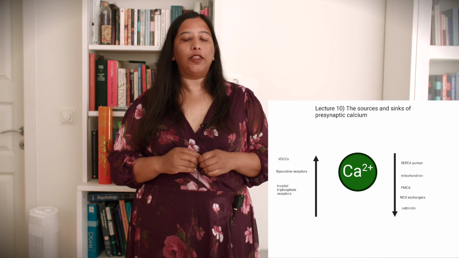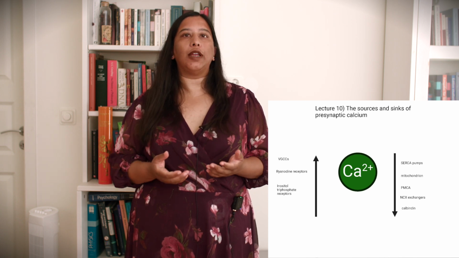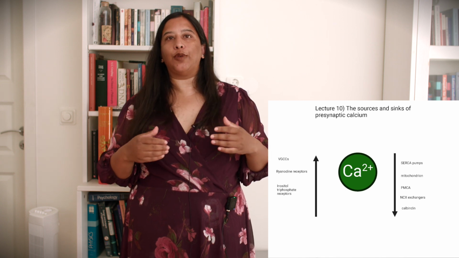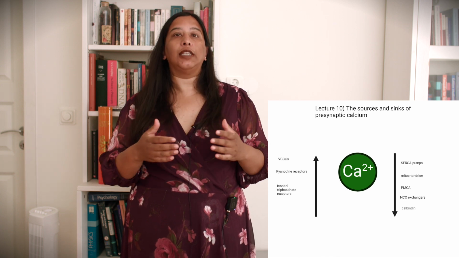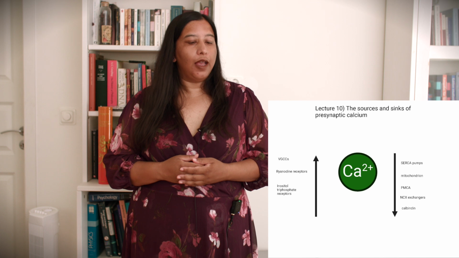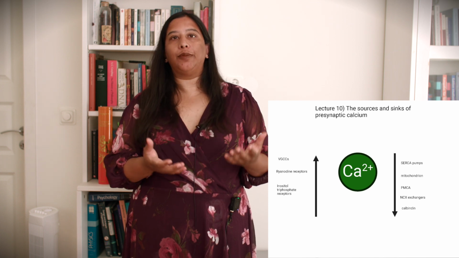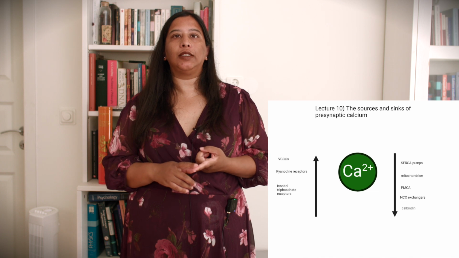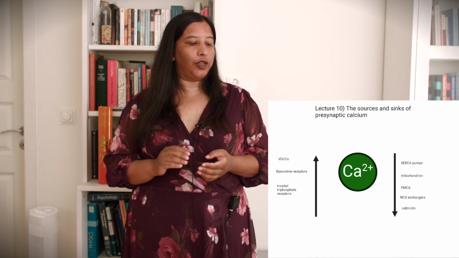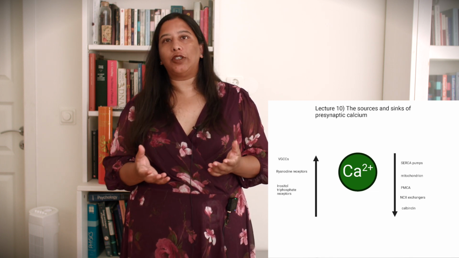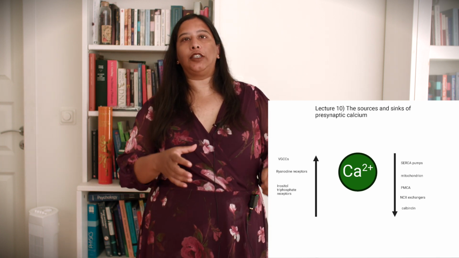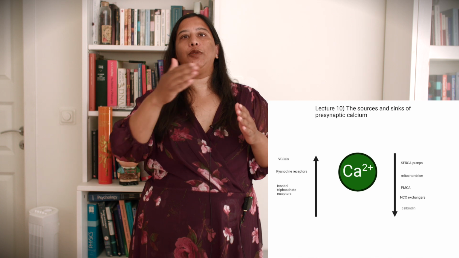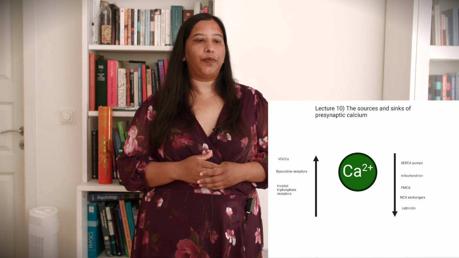And another organellar buffer is the mitochondrion, which can be found in the presynapse as well, close to the presynapse. In the plasma membrane we have plasma membrane calcium ATPases, as well as sodium-calcium exchangers, which extrude the calcium from the intracellular environment to the extracellular environment.